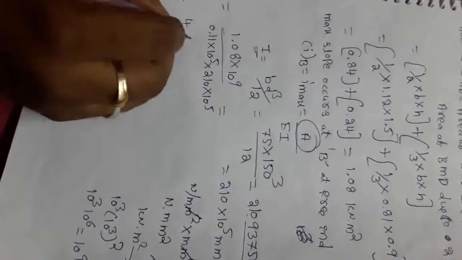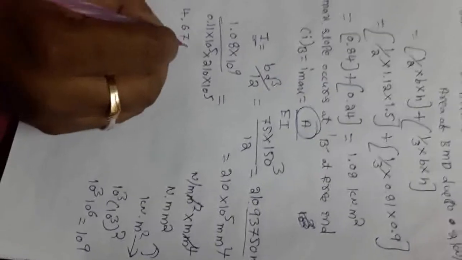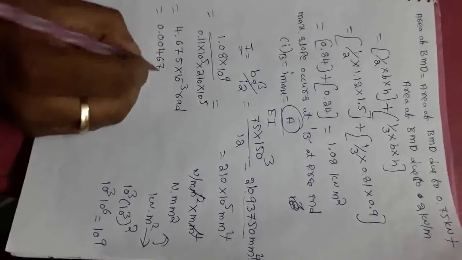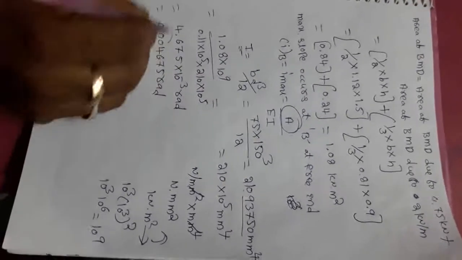So the answer is 4.675 into 10 to the power of minus 3 radians. So you can write this as 0.004675 radians. So this is the theta B or theta maximum.